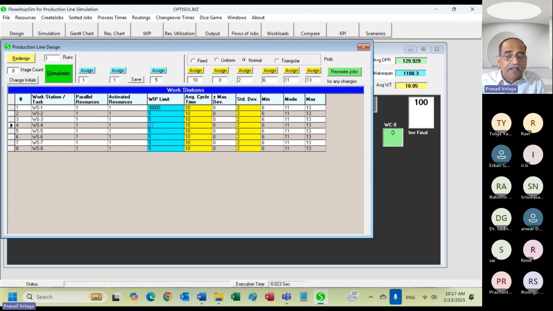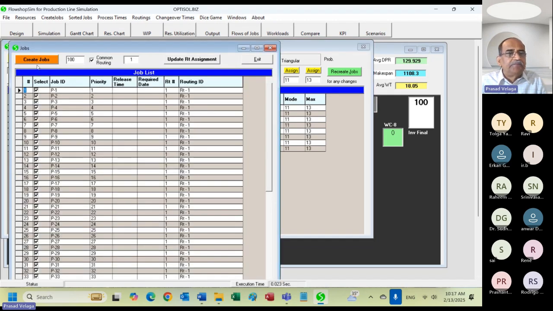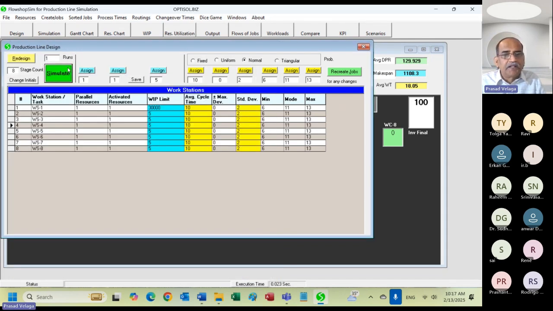So I'm going to run this scenario now, simulating 5,000 pieces with WIP limit 5 and standard deviation 2. So instead here, let me make it 5,000.